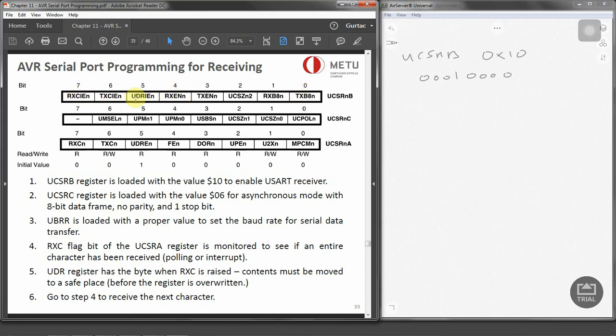If you want to receive something, we have to enable the receiver enable bit.